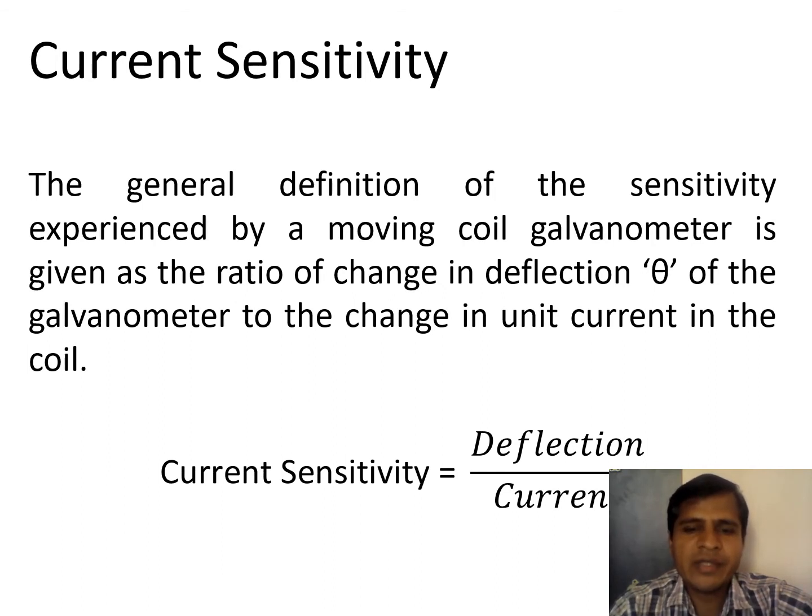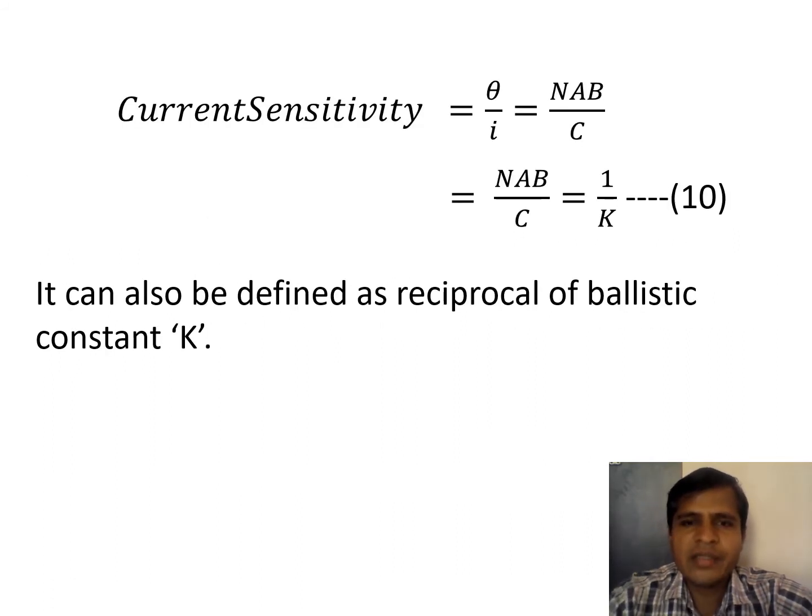Therefore, current sensitivity is equal to deflection upon current, that is theta upon small I. By substituting the value of I from equation 9, we can express current sensitivity as N A B upon C, where N is the total number of turns of the coil, A is the area of the coil, B is the external magnetic field, and C is the couple per unit twist. This whole term can be written as 1 upon K. Let this equation be 10, and this K is also called the ballistic constant.